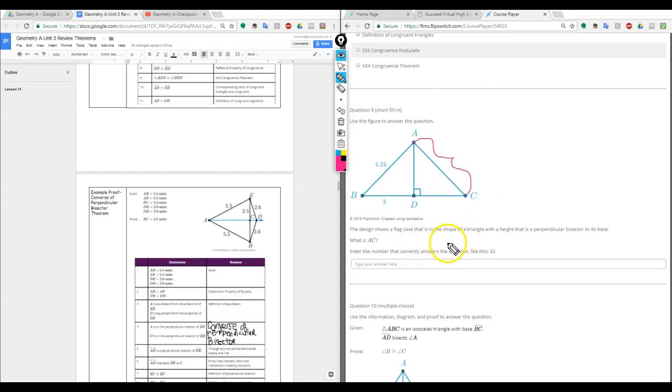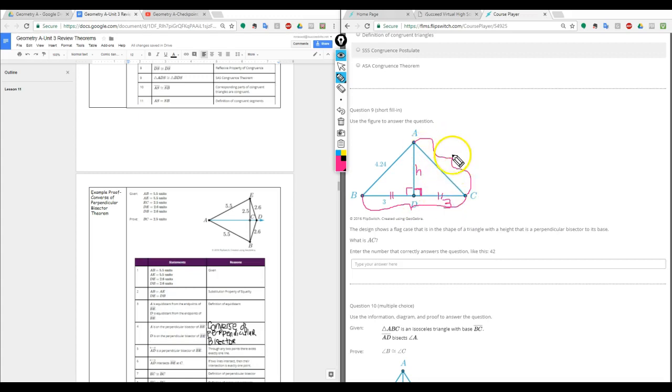And now we know we have a height right here, AD, and it is a perpendicular bisector. What does that mean? First thing it means is it meets the base at a 90-degree angle, and it cuts the segment it meets in half. So segment BD is congruent to segment DC. So segment BD is 3, and DC is also 3.